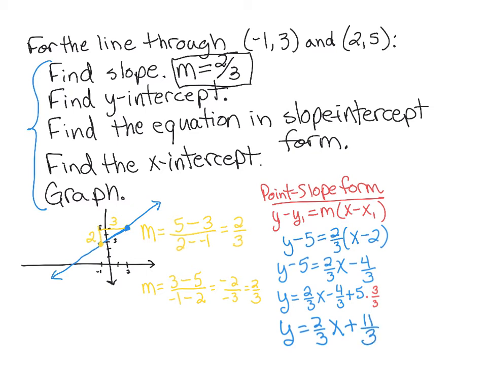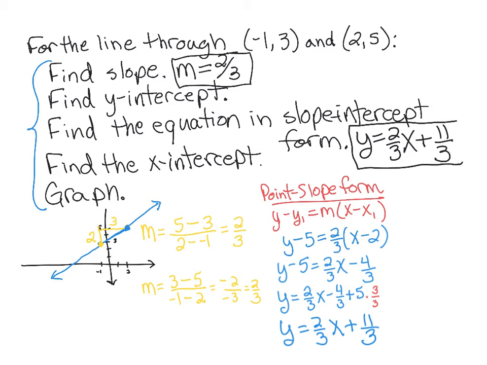That's my equation. I'm sorry, this keeps moving around here. Fat hand here. So my equation in slope-intercept form is y equals 2/3 x plus 11/3.